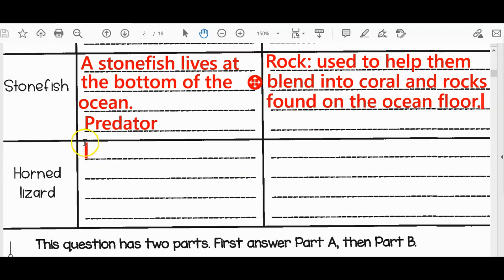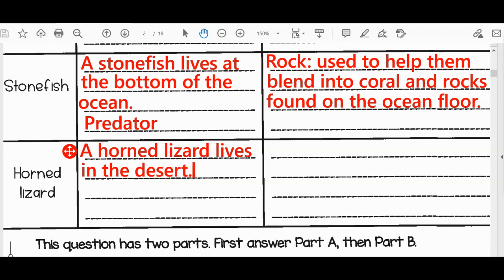And where does the horned lizard live? The desert. A horned lizard lives in the desert. And the horned lizard, is it a prey or predator? It's a prey. And it blends into what? The sandhill.